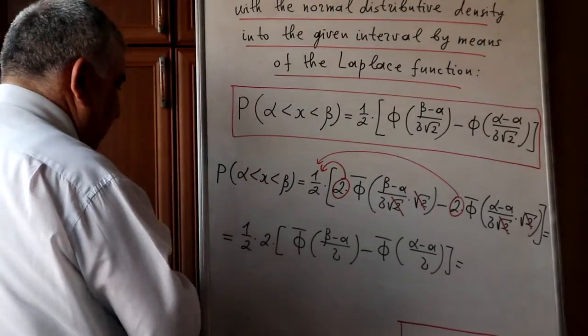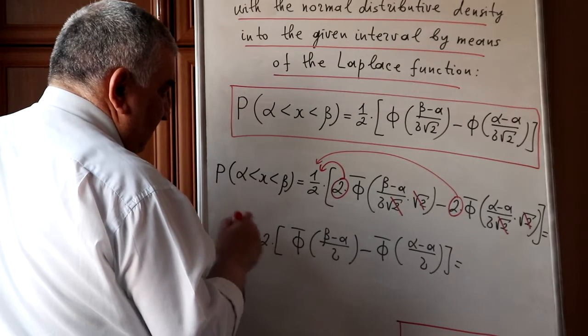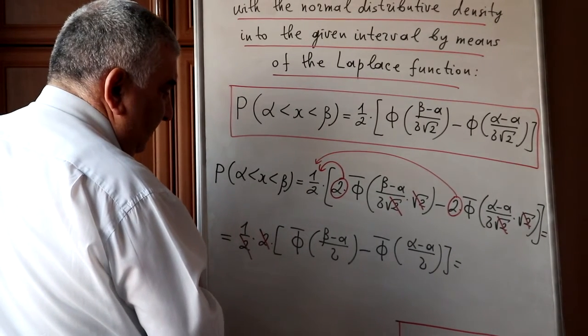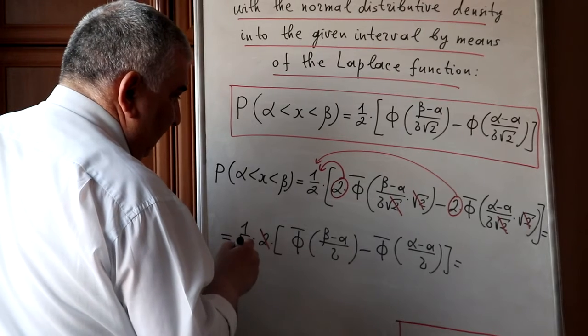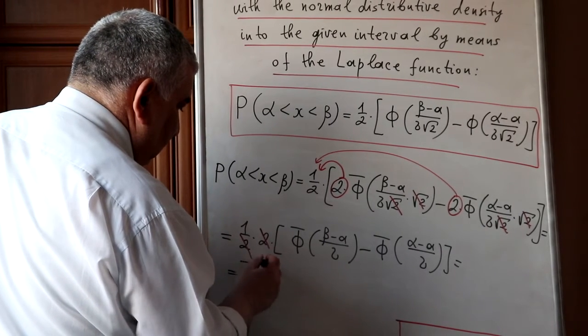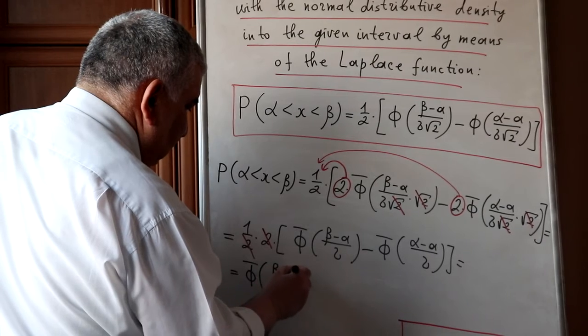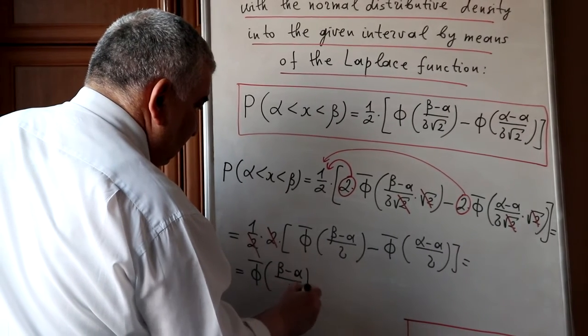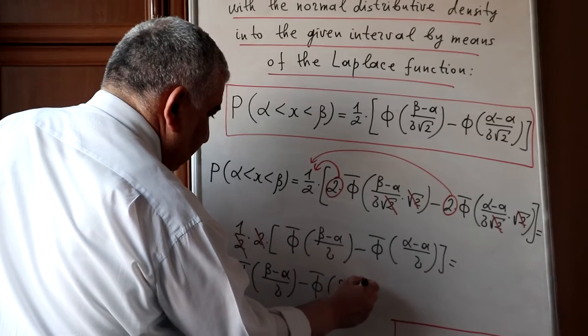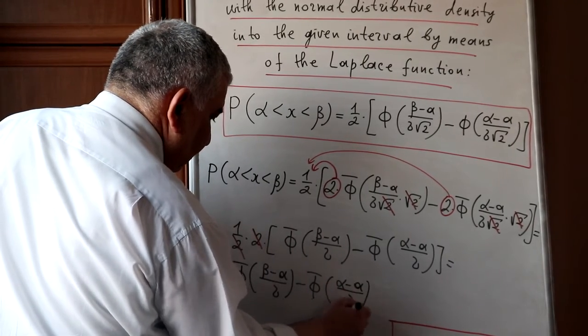Then 1 second and 2 will be simplified, and then we will have that phi bar of beta minus a over sigma minus phi bar of alpha minus a over sigma.